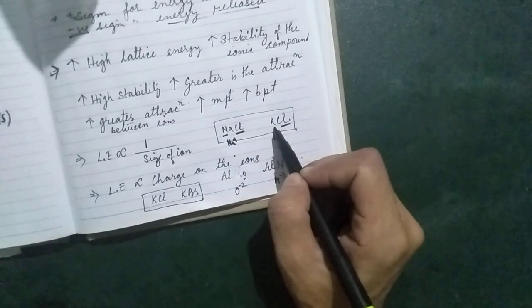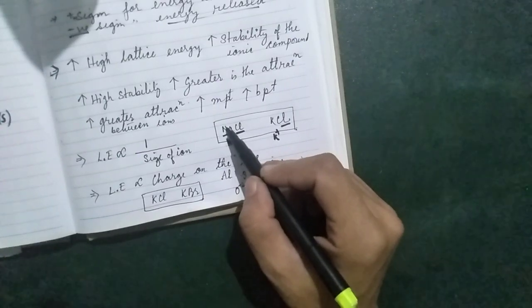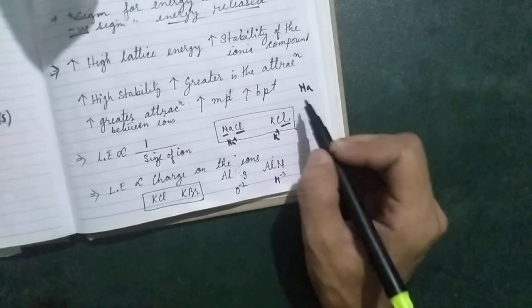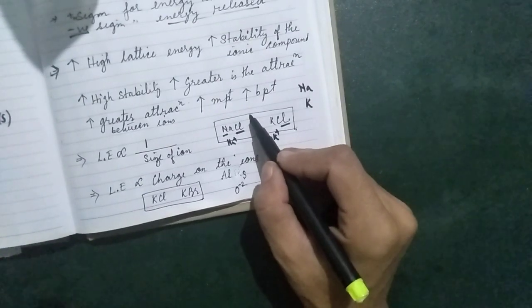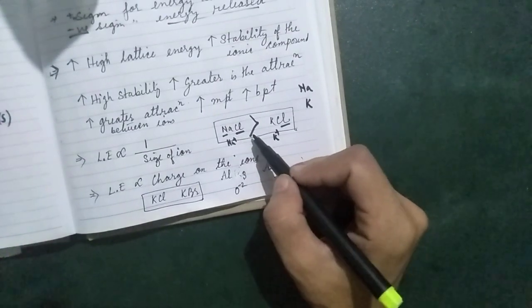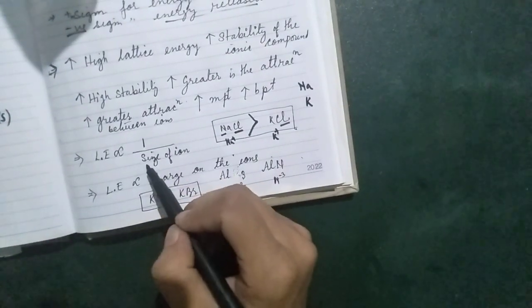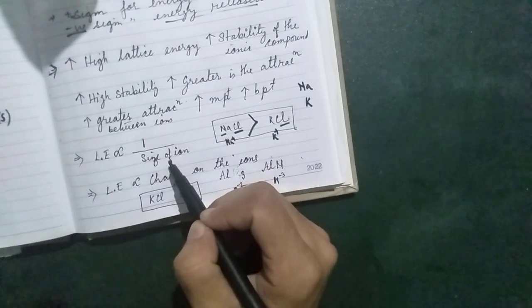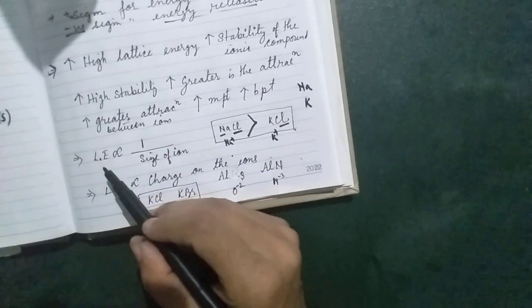This one, K. Which one has less size? Sodium has less size, because in the periodic table sodium comes first, then potassium. Smaller the size, more is the lattice energy. So NaCl will have more lattice energy, because lattice energy is inversely proportional to the size. Less size, more lattice energy; more size, less lattice energy.